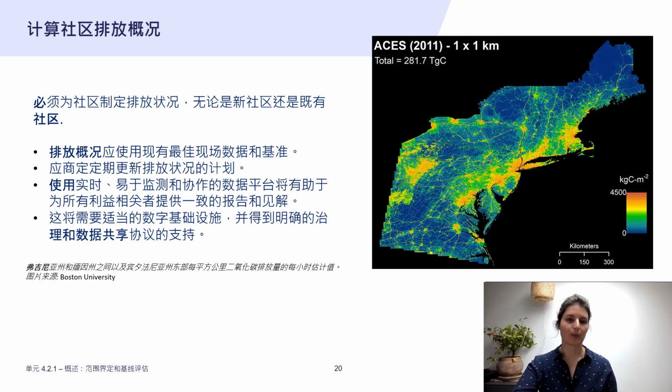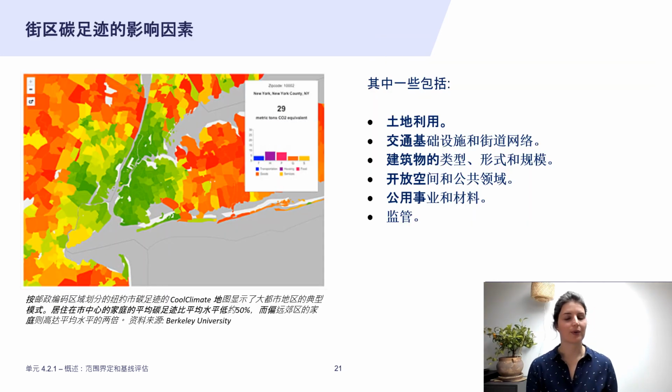This will require appropriate digital infrastructure supported by clear governance and data sharing protocol. This map, for example, uses multiple data to show an hourly estimate of CO2 emissions for every square kilometer between Virginia and Maine and east of Pennsylvania. Measuring neighborhoods' carbon footprint leads to understanding the main carbon emissions drivers.